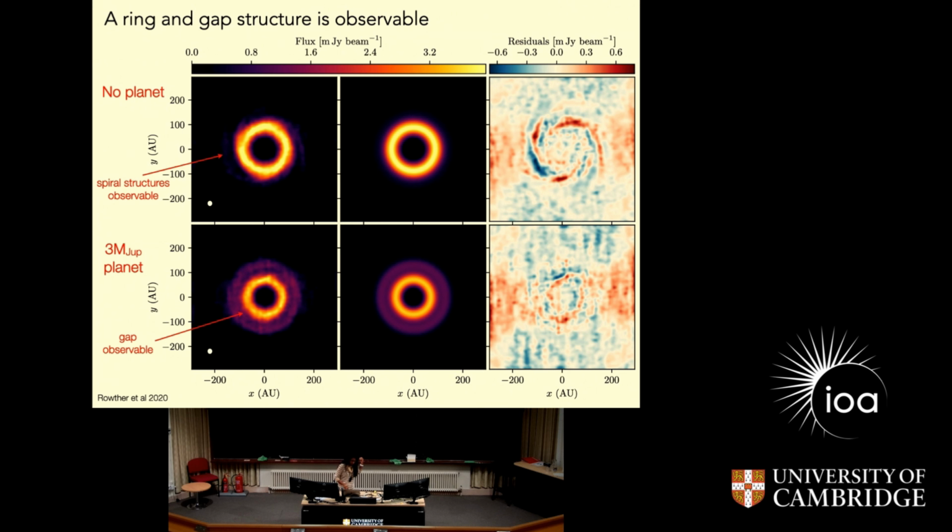So the important thing to take away from here is that the disk mass didn't change. All that changed was the temperature, and that was enough to drive that disk out of the self-gravitating phase and into a phase where it was much more stable.